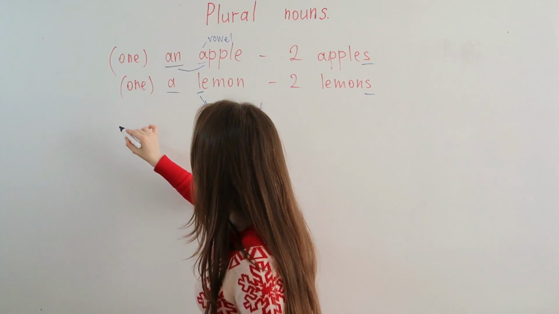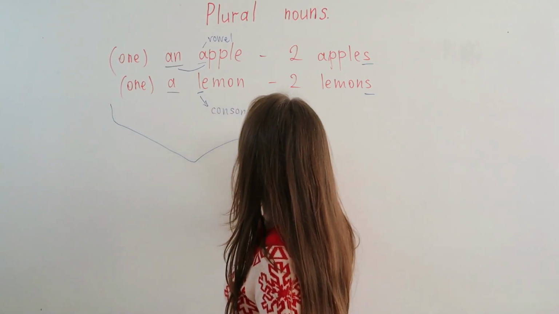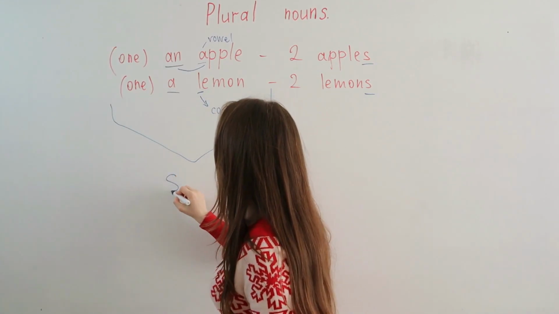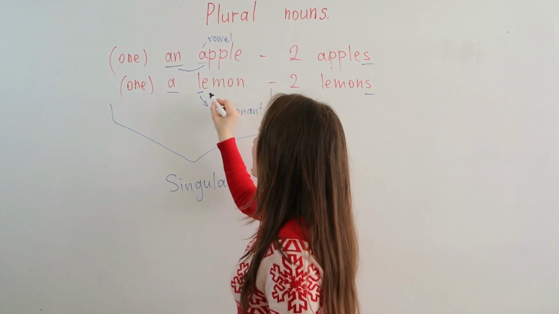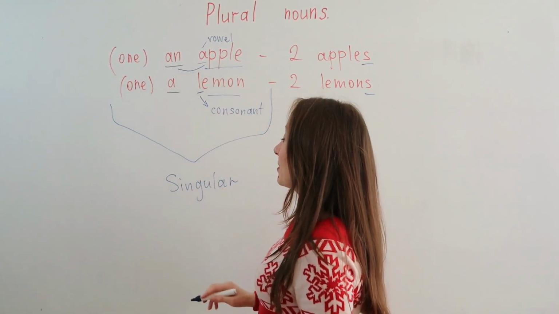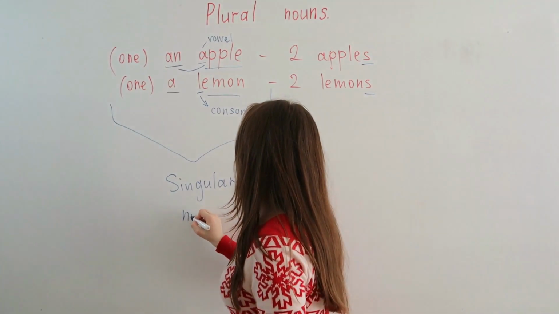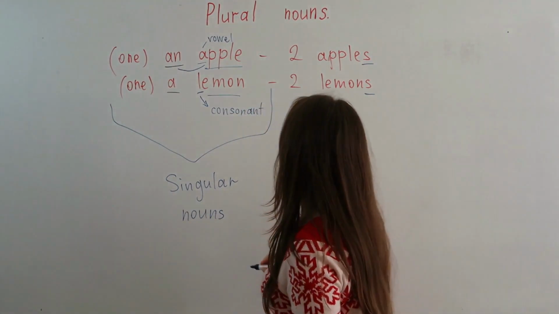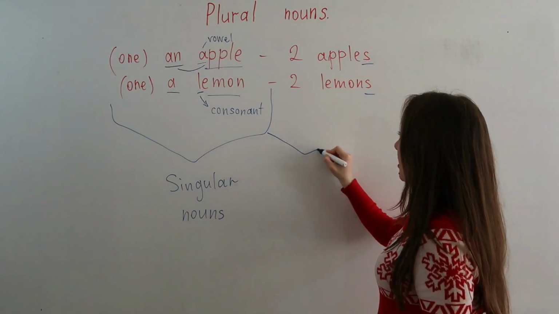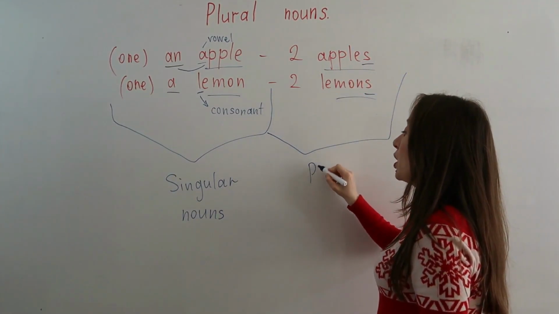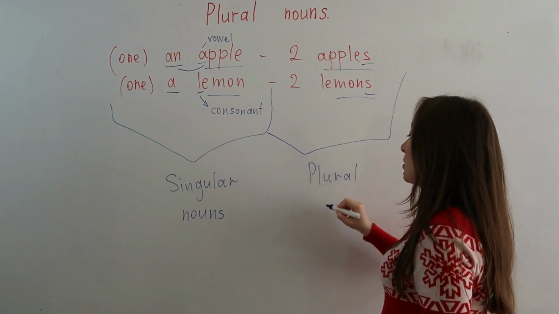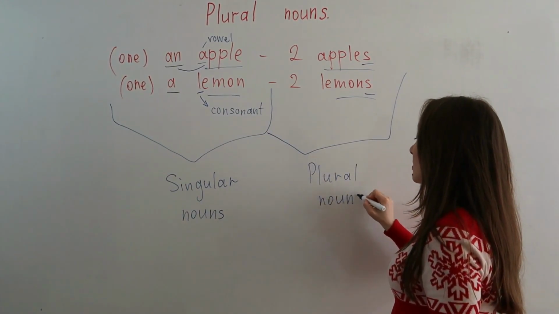So as you can see, this is a singular noun, apple, lemon, singular nouns. And actually this is apples, lemons, plural nouns.